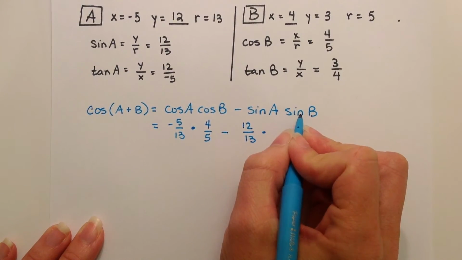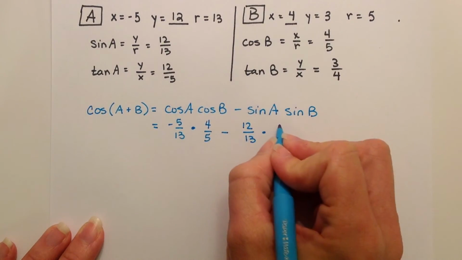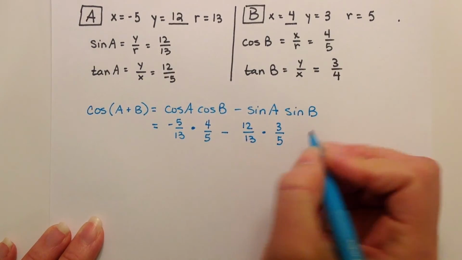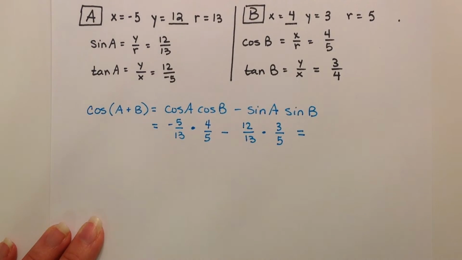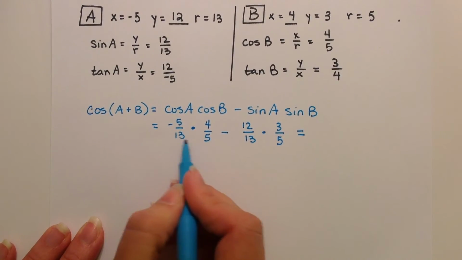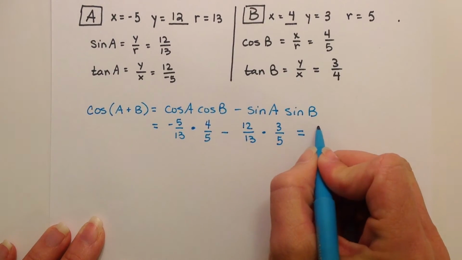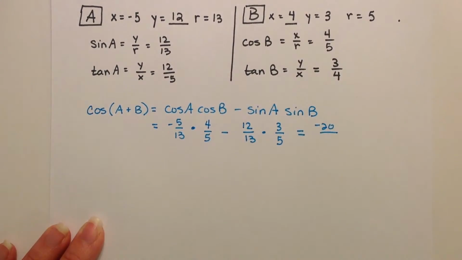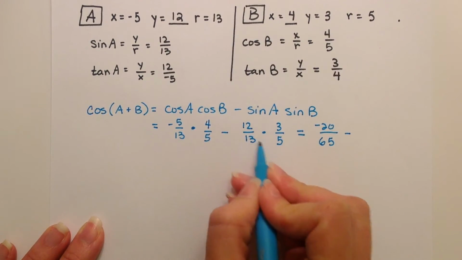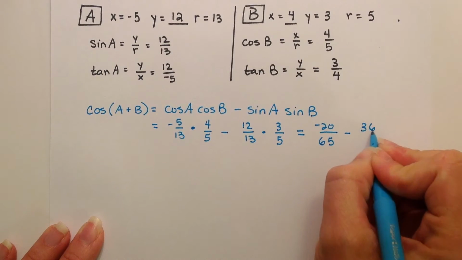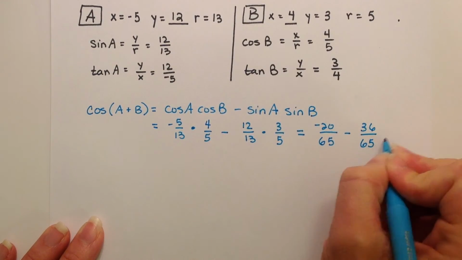And then sine B, of course sine B was given to us, so back at the top you can see that that is 3/5. All right, order of operations, you need to do the multiplication before you do the subtraction. So of course, just multiplying the fractions here, we'll have negative 20 over 65, minus, and then multiplying these two fractions, we would have 36 over 65.